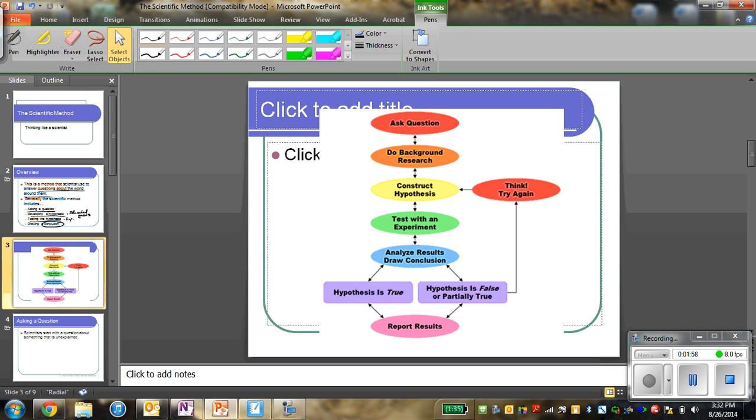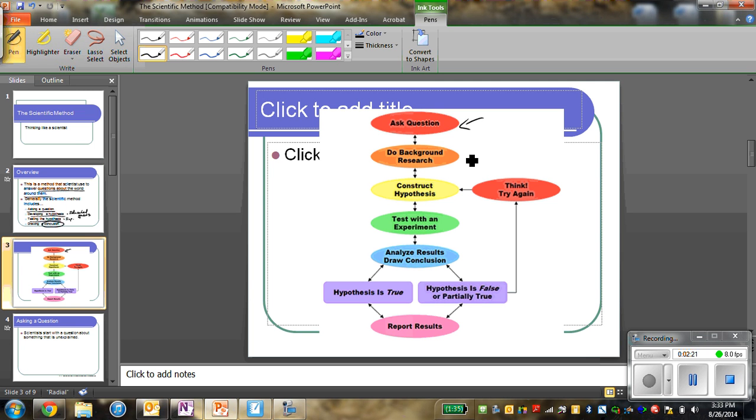Here is the overview in a picture or diagram format. I really like diagrams, so we'll use these a lot during classes here. This is not going to be an outline that every single scientist uses. Not everybody needs to start at asking a question, but for the most part, scientists will do that. So you'll identify a question that you want to answer.